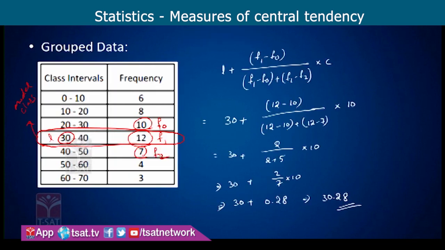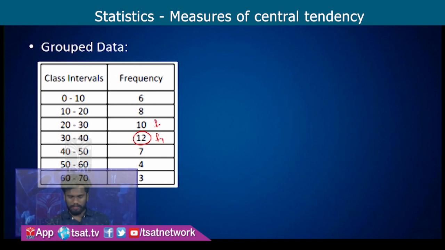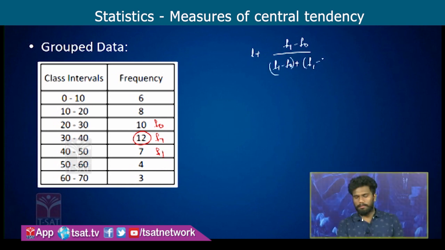Now, there are some remarks about this. Whenever we consider this as f1, this was f0. I am writing the formula: L plus f1 minus f0 divided by f1 minus f0 plus f1 minus f2, into the class width. This is the formula we use to calculate the mode.